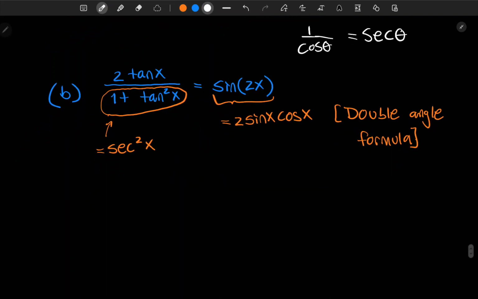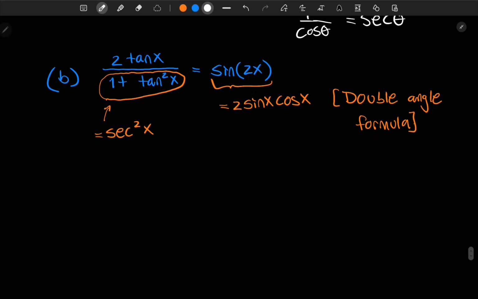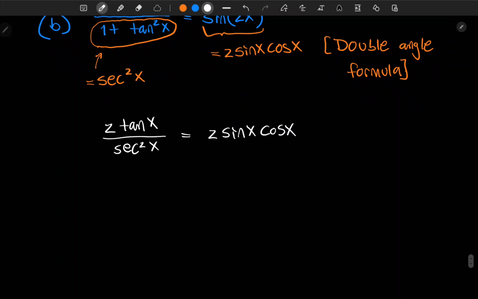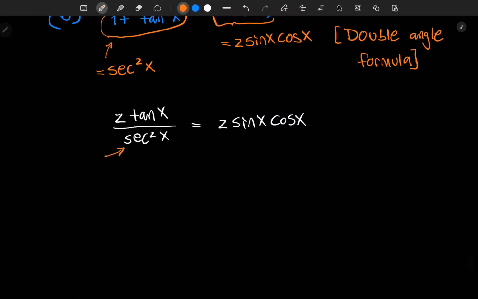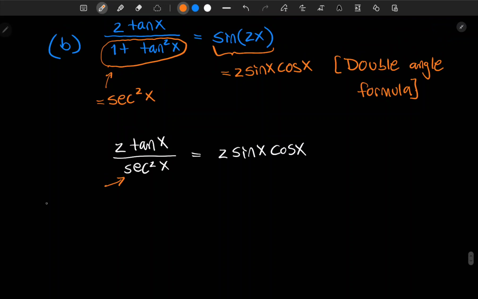Then, using both of these identities, what we're given becomes 2 times tangent x divided by secant squared x. And we claim that this is equal to 2 times sine x cosine x. Okay, well, what we found in the first example above was that secant x is equal to 1 over cosine x.